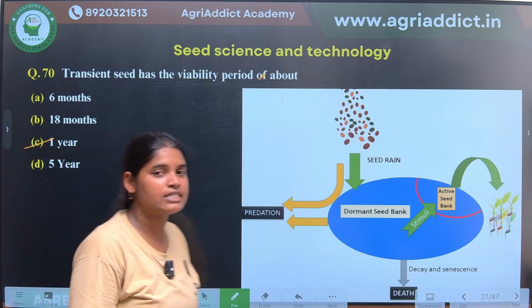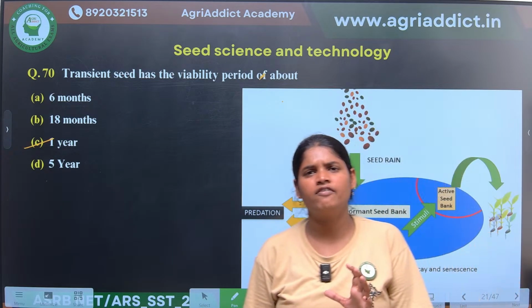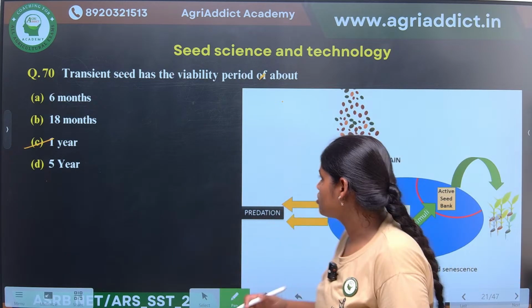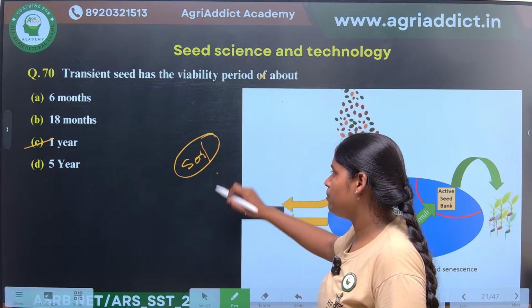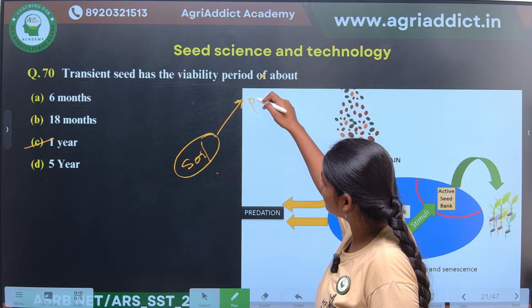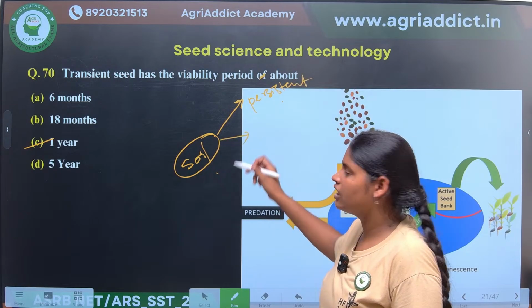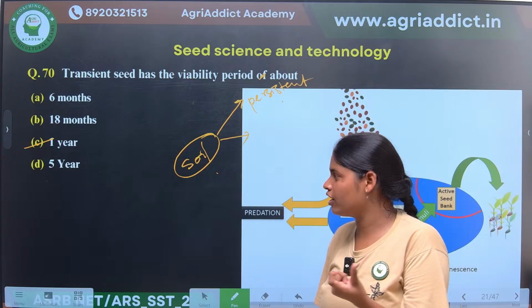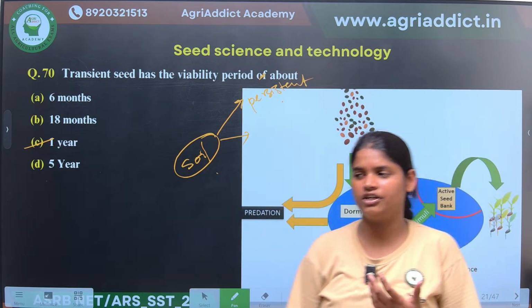First of all, tell me what a transient seed is. We have the soil seed bank, where seeds are stored in the soil. They may be present persistently for many years, like perennials, or they may be present for a short duration, so that whenever they get a favorable condition, they may germinate.